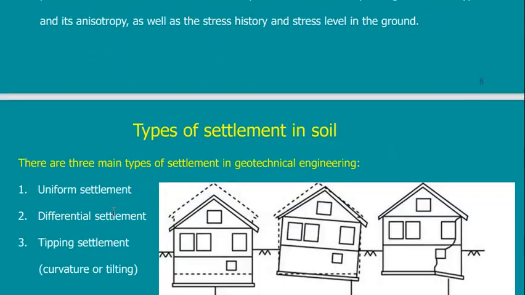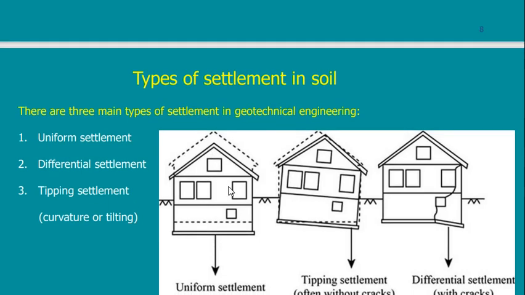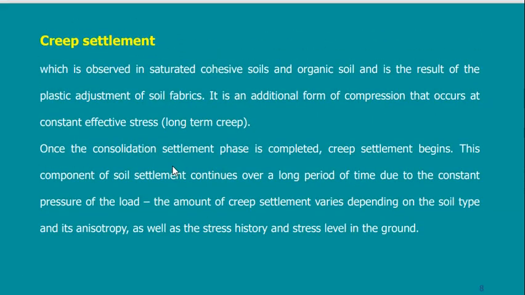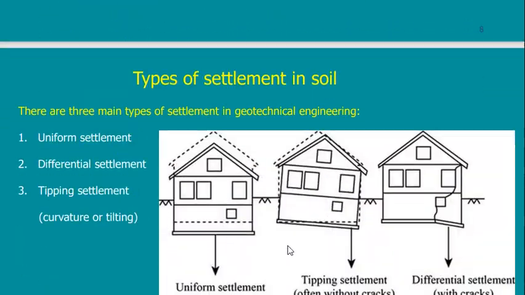But there is another type of definition for the type of settlements, but in terms of the structure itself. Here we were speaking about the soil. How will the soil behave? But now we are speaking about the effect on the structure.